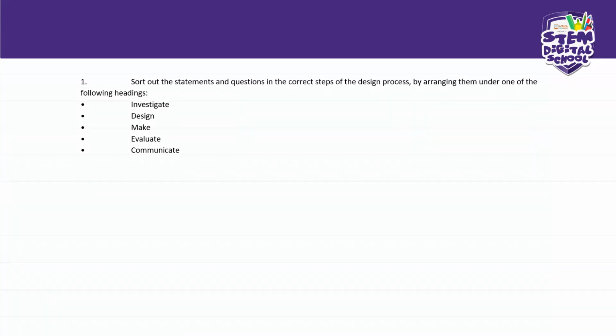I also use a checklist in the evaluate stage. The checklist will have specifications. So I will be ticking yes or no, and I will be commenting in the evaluate stage. And then also, I will be checking with the client to say, my client, is this what you were looking for?